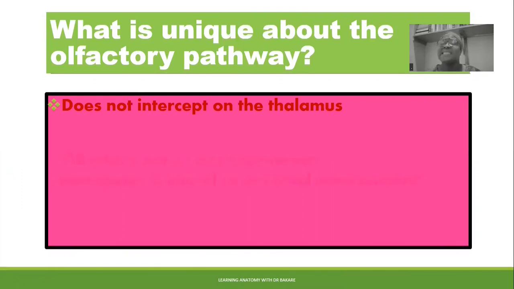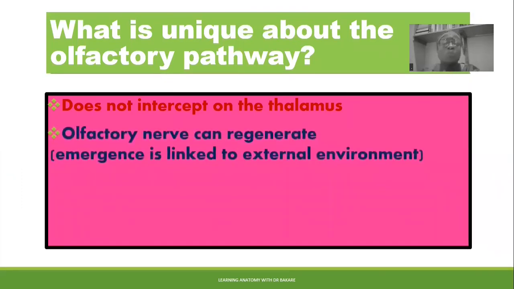Then the second is that the olfactory nerve, which is the sole sensory nerve of the olfactory pathway, can regenerate. And this is attributed to the short lifespan of the olfactory nerve. After they degenerate, there's going to be the regeneration of this nerve through the basal cell. We said that the basal cells are the stem cells or the progenitor cells that are transformed into the sensory, olfactory, or receptor cells. And this is how these cells regenerate.